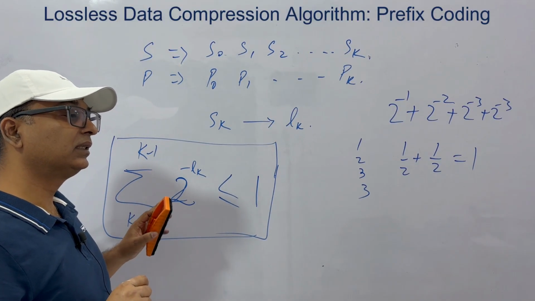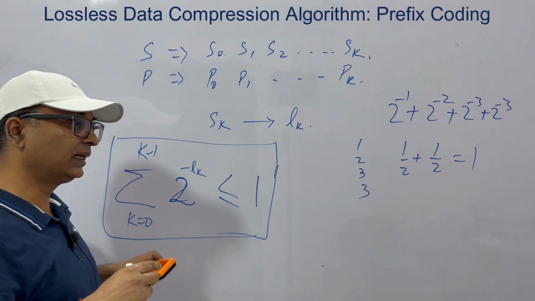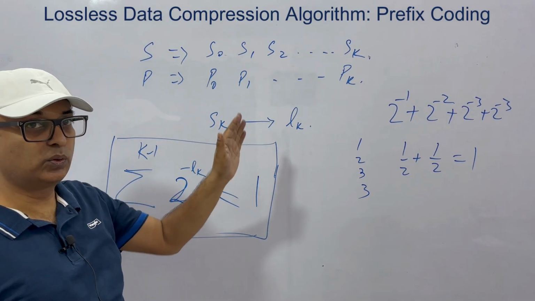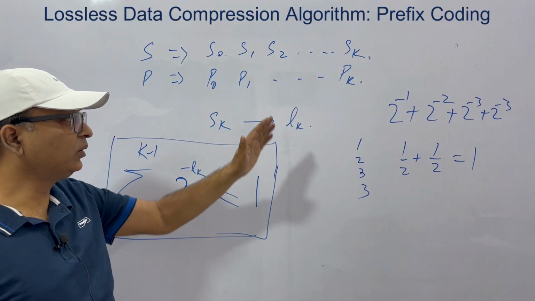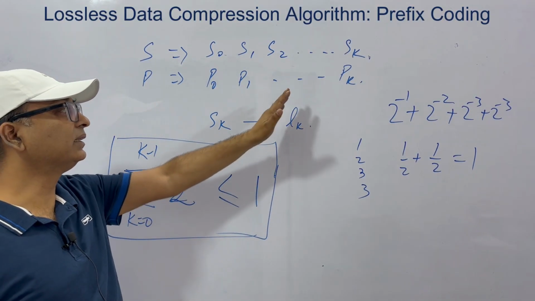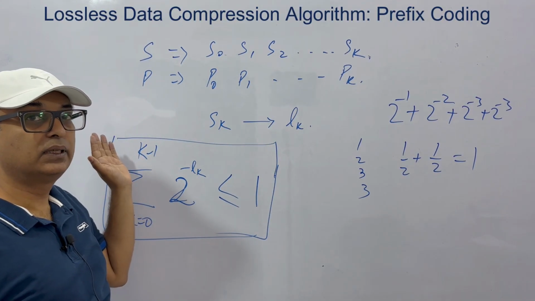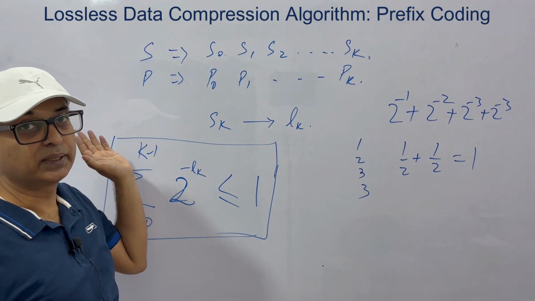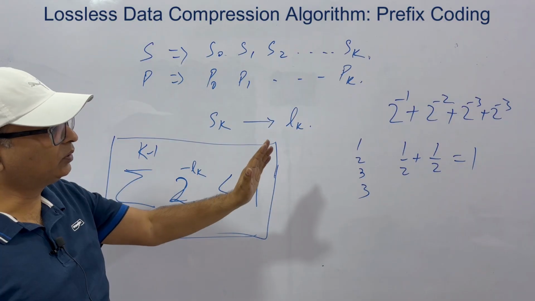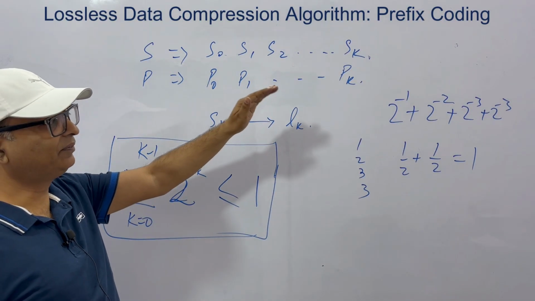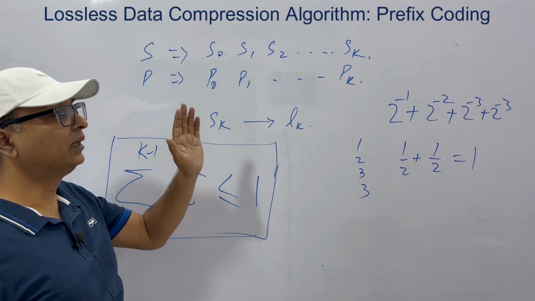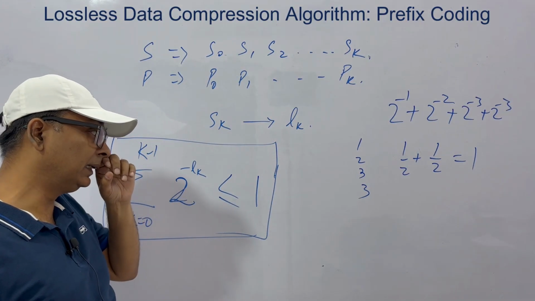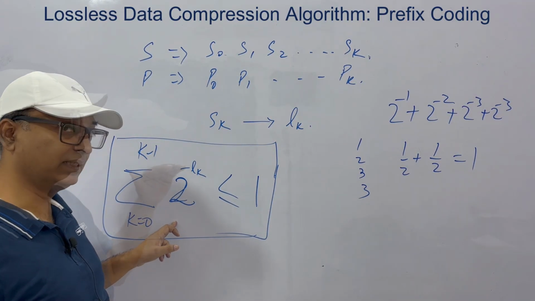It doesn't mean that, or I should put it like this, if for example we saw code 1 and code 2, maybe code 1 also fulfills this, but that is not a code word for prefix coding. But code 2, if it has to be a code for prefix coding, then it must satisfy this.